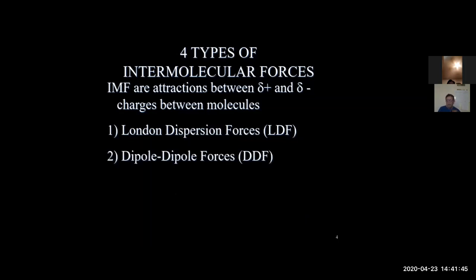Number 2 is the dipole forces. In order for them to be there, there has to be a dipole in the bond.